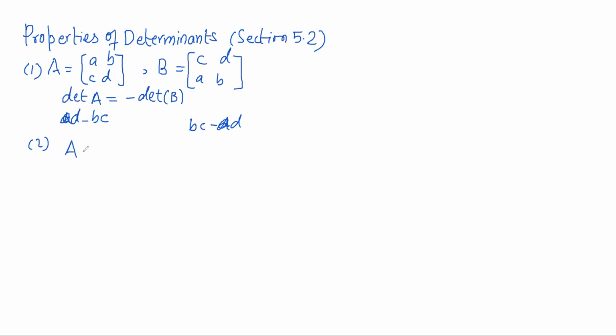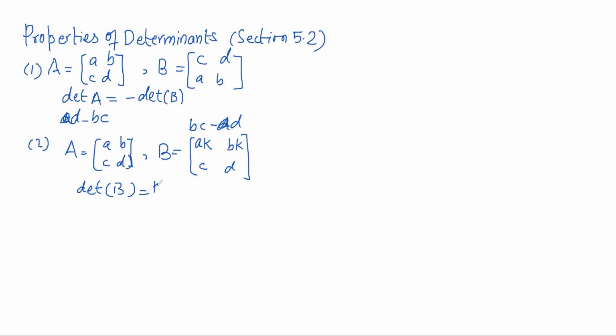For example, if we have determinant A as A, B, C, D, and we have another determinant B in which we have multiplied the first row by K, so it is AK, BK, and the second row is the same, then the determinant of B will be K times the determinant of A.